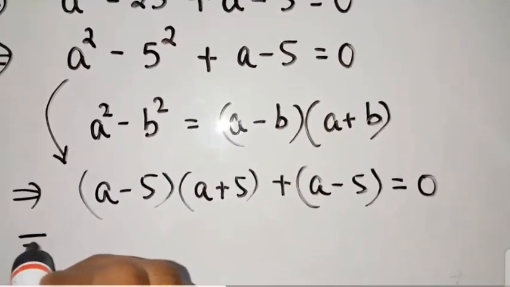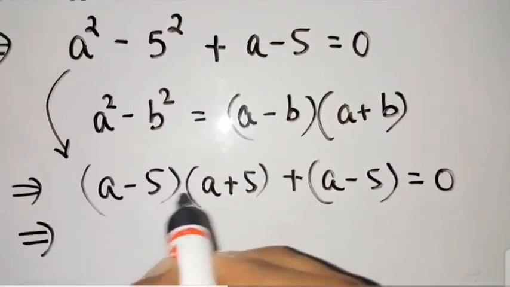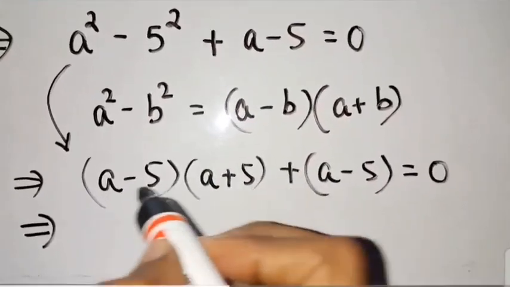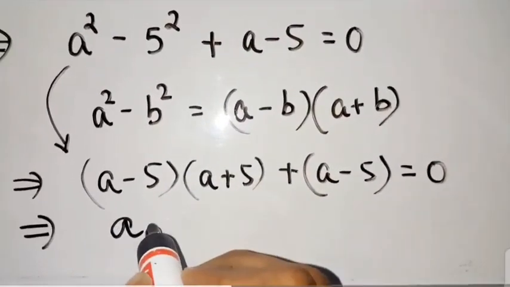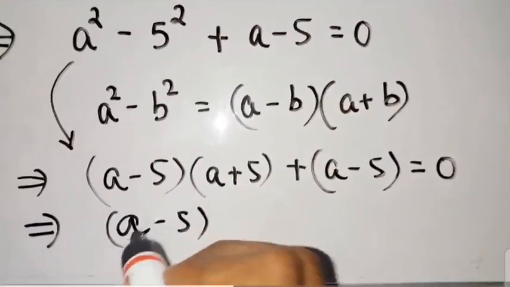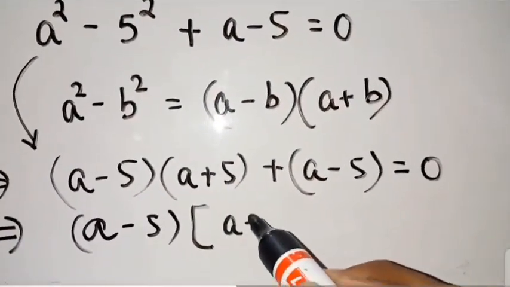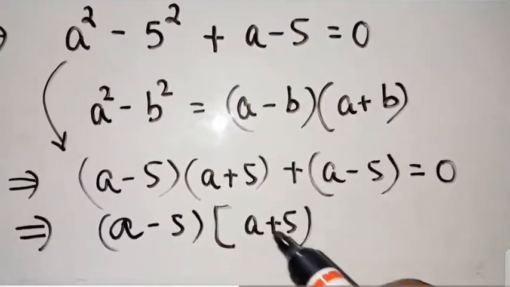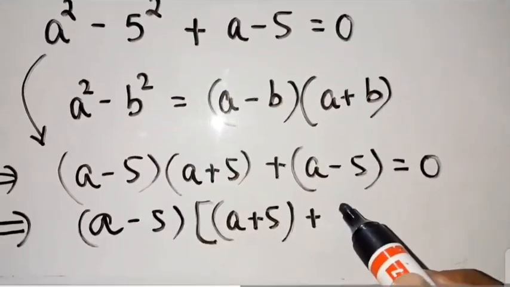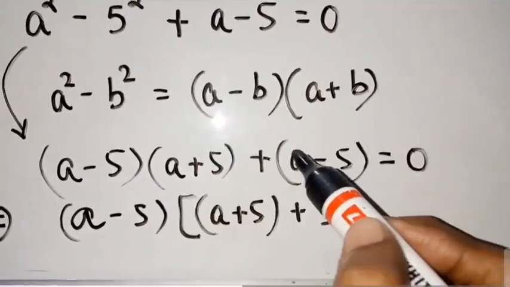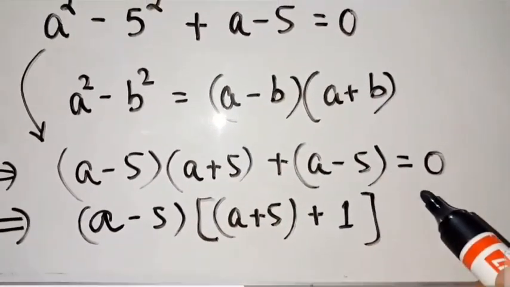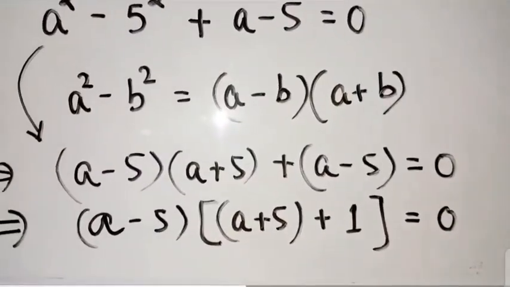Now we can see that a minus 5 is common in both the terms, so taking a minus 5 common, what remains from the first term is a plus 5, and from the second term it is nothing but 1, because here it is 1 multiplied by a minus 5, equals 0.